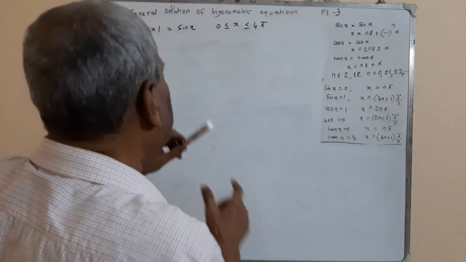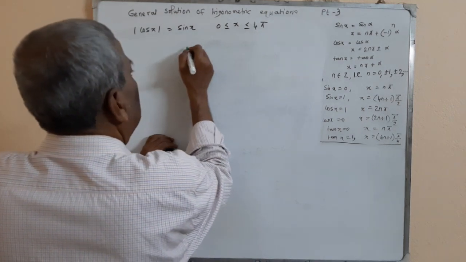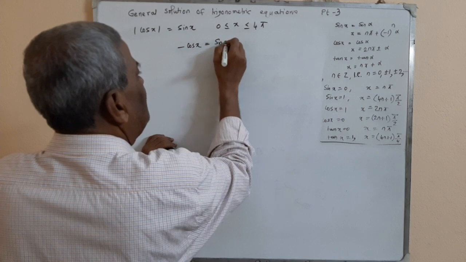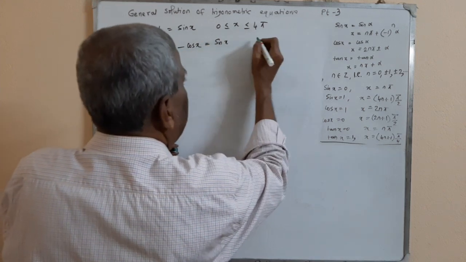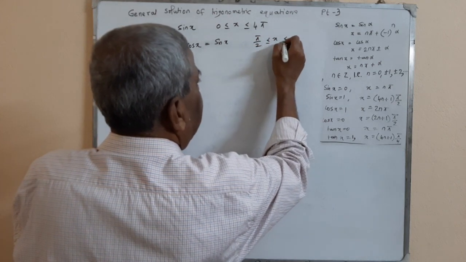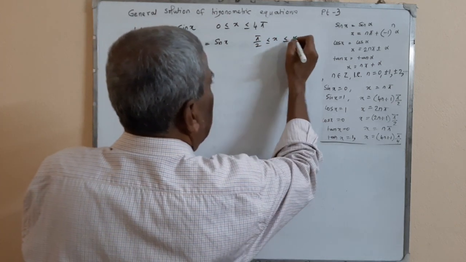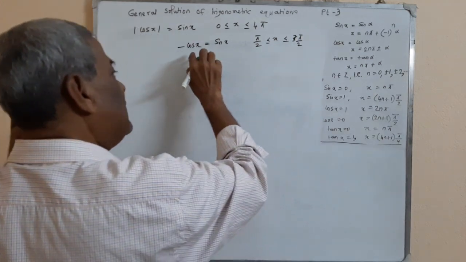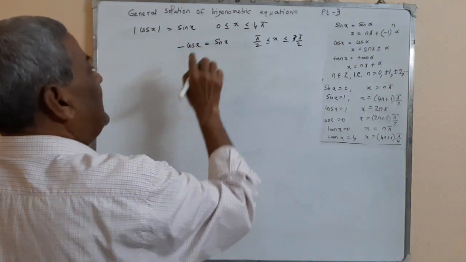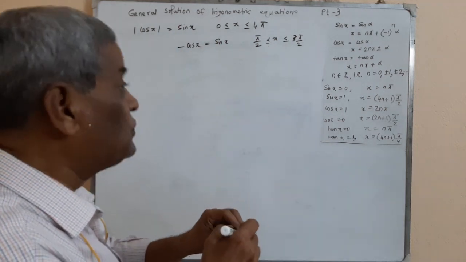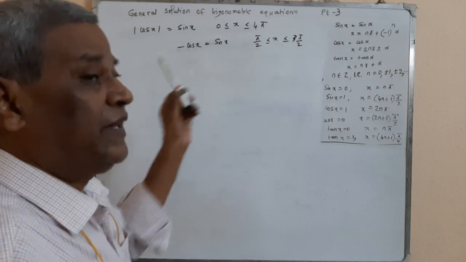In that case, −cos x = sin x, where x is between π/2 and 3π/2. In that range, the equation is tan x = −1. Now we can solve and use this range of x.